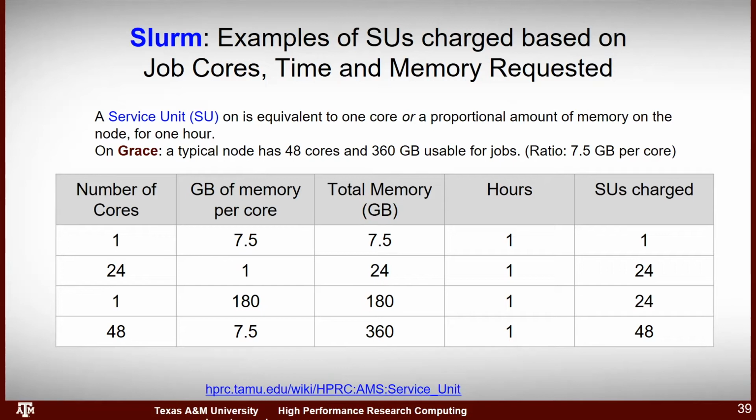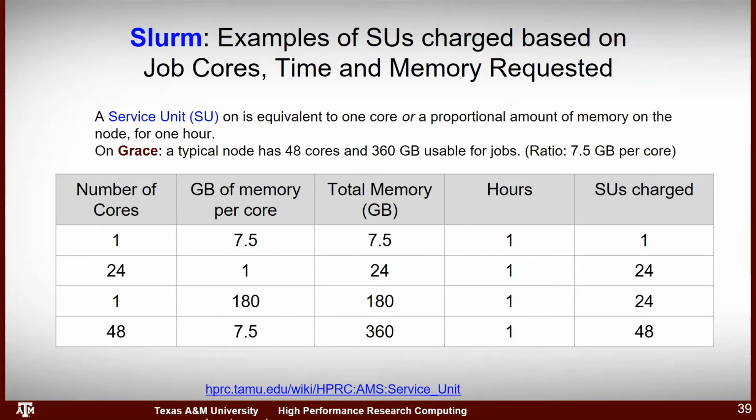And the service unit is the proportional amount of a node that would have one core. So if you use one core, then you're using at least one service unit. Also, if you do the math here, you'll see that on average, there's 7.5 gigabytes per core.